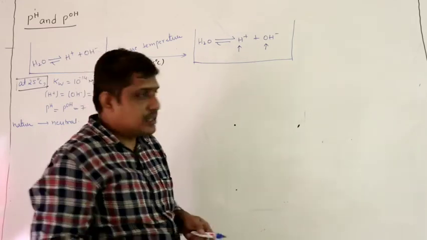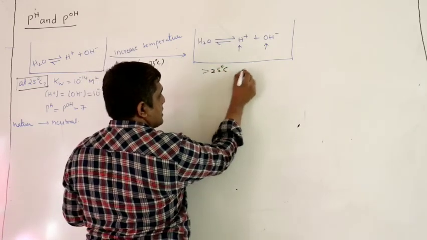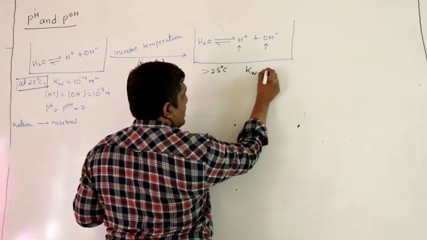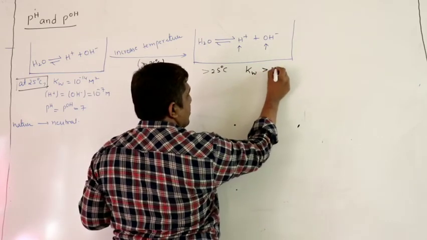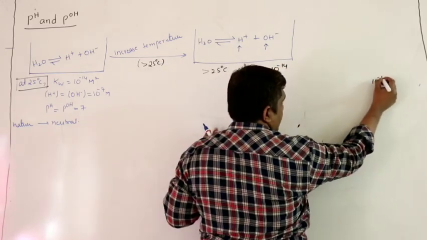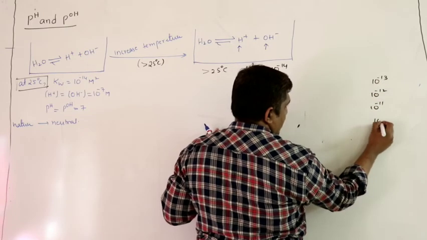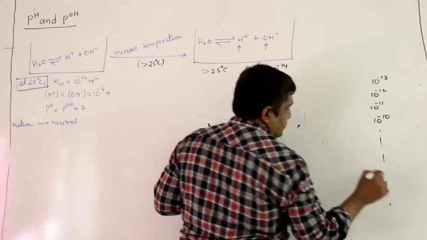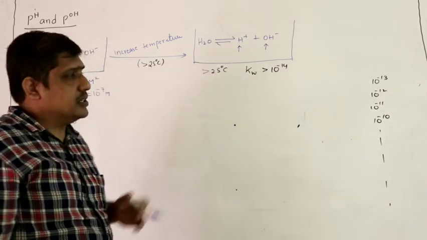That means, if temperature is greater than 25 degrees Celsius, Kw will be greater than 10 power minus 14. What is the meaning of that? It can be 10 power minus 13, minus 12, minus 11, minus 10 and so on. The Kw value depends upon temperature.